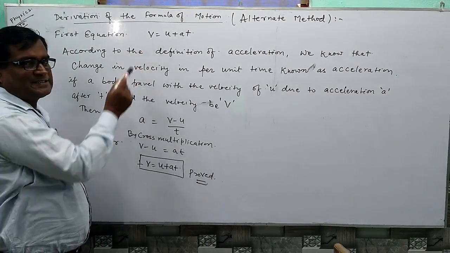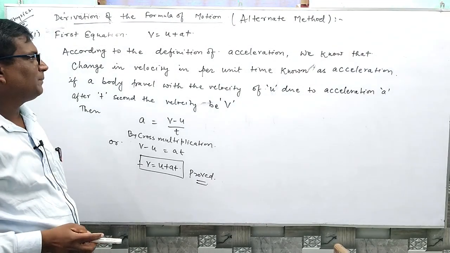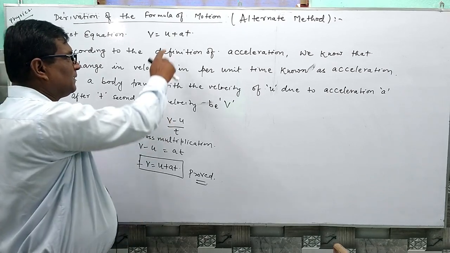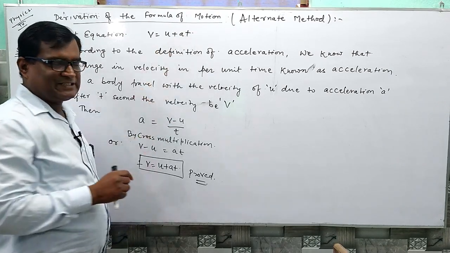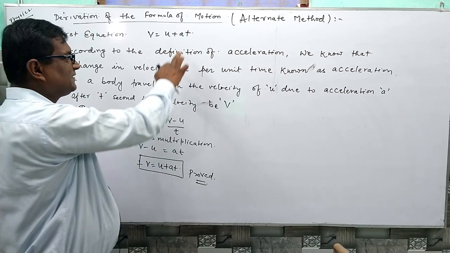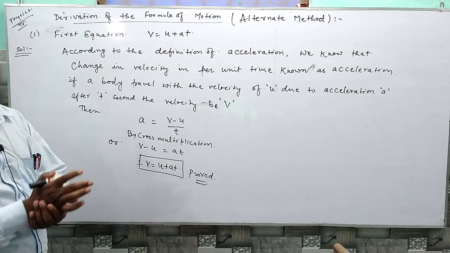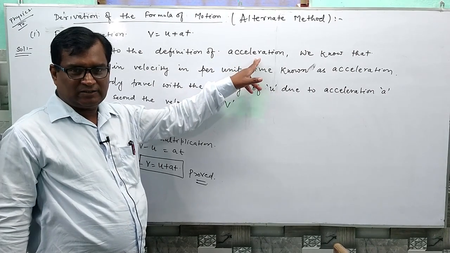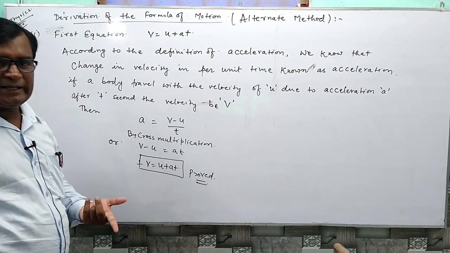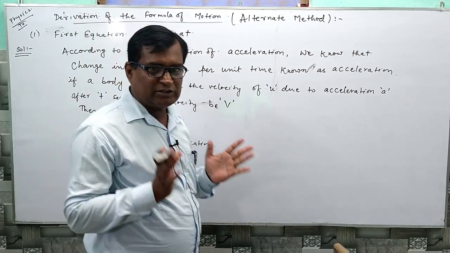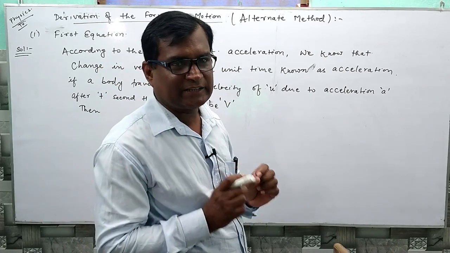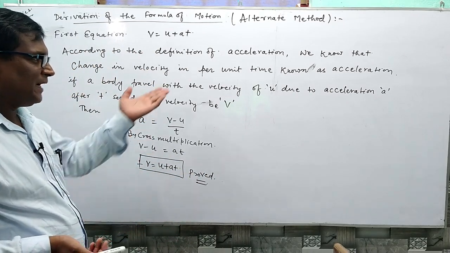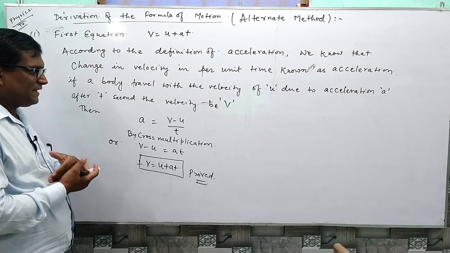Here v is the final velocity of the body, u is the initial velocity, a is the acceleration of the body, and t is the time taken to change position. According to the definition of acceleration, we know that change in velocity per unit time is acceleration.